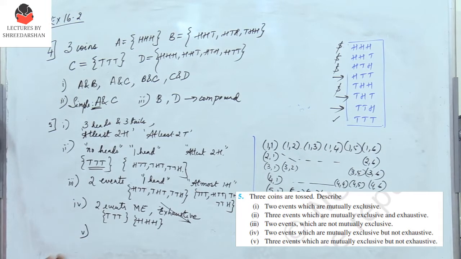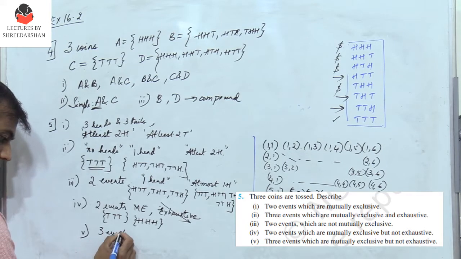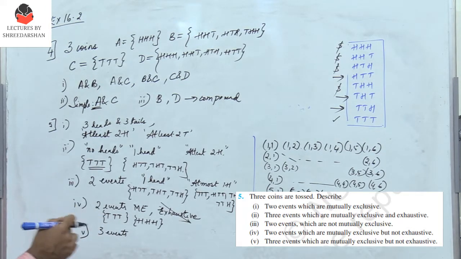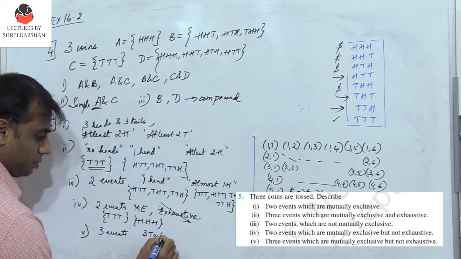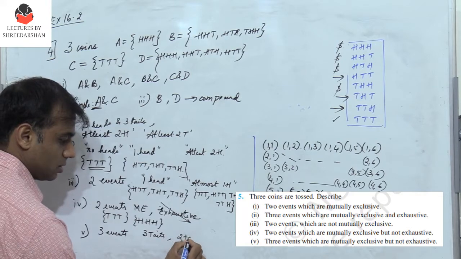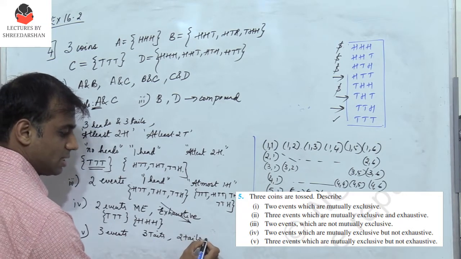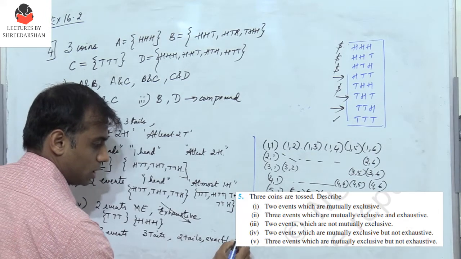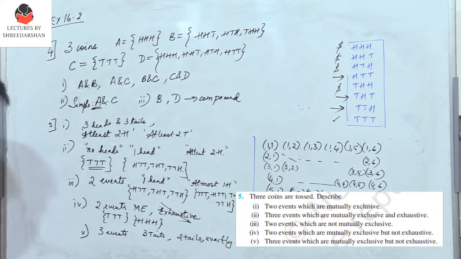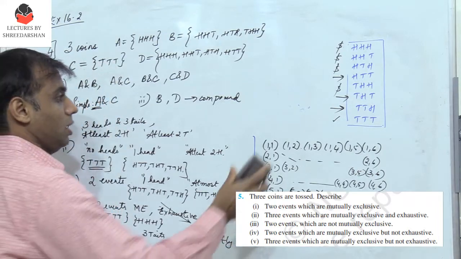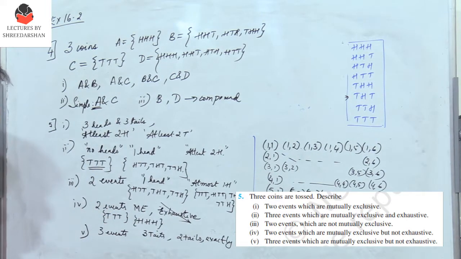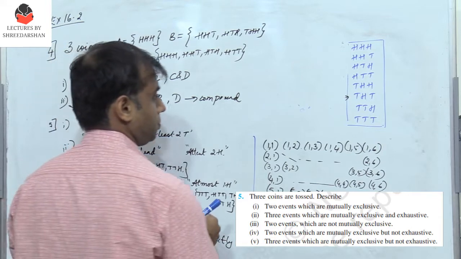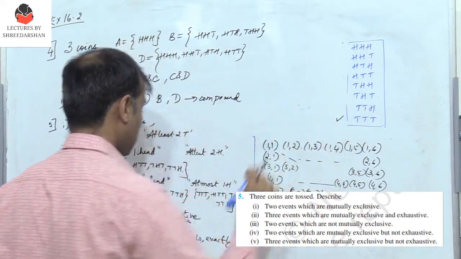And the last one, three events which are mutually exclusive but not exhaustive. Now let me consider the three events as having three tails, having two tails, and having exactly one tail. Let me mark the outcomes here itself, and let us see if they are mutually exclusive. Exactly three tails is this combination with a tick mark.